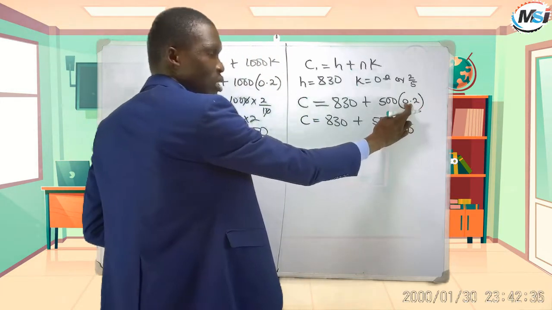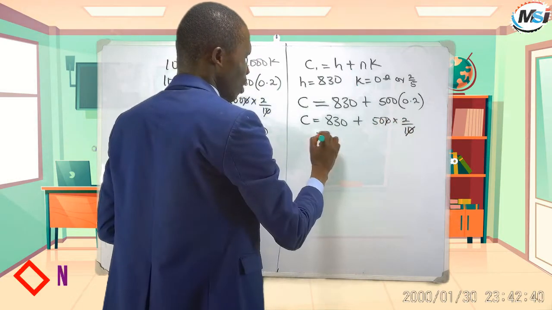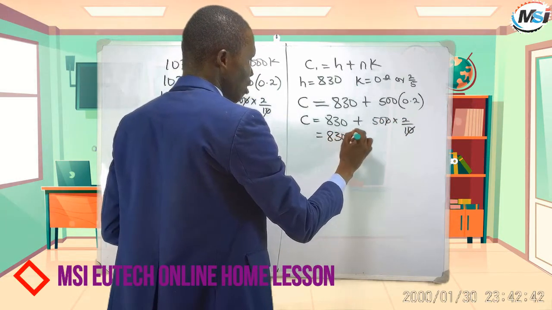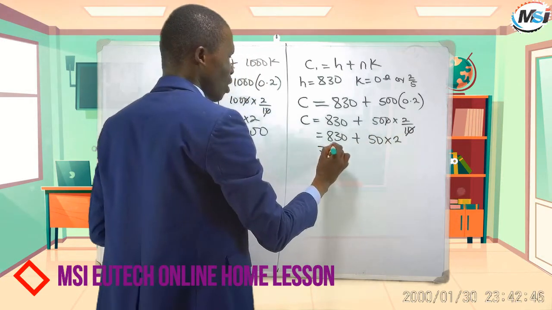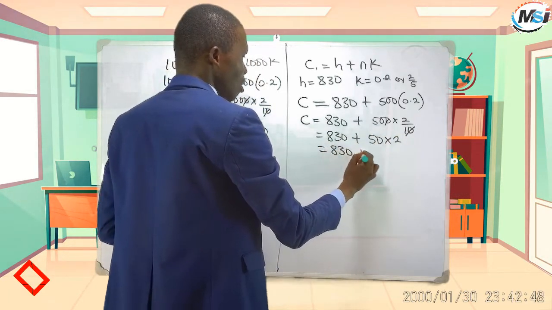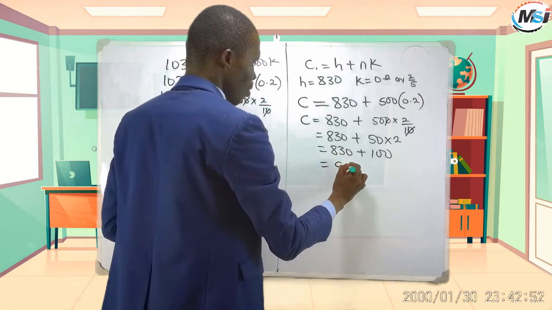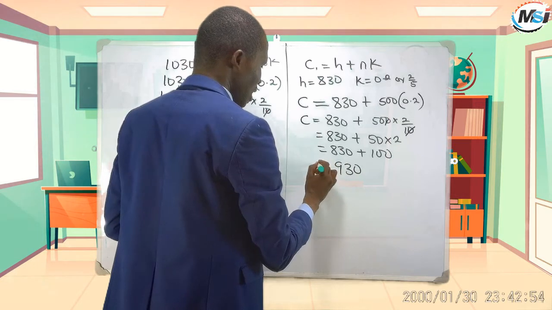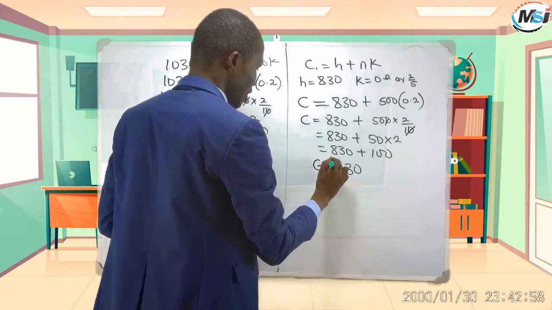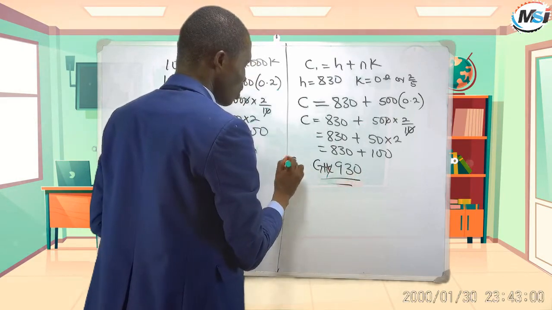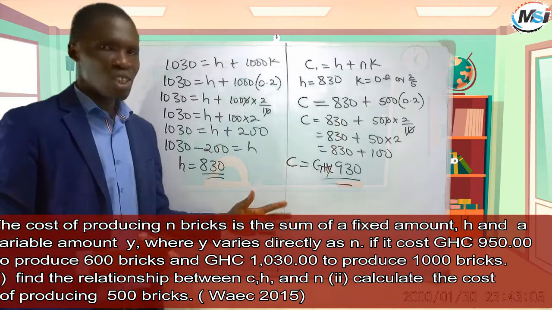I change this to fraction. This 0 cancels this 0. We are going to have 830 plus 50 times 2, which will give us 830 plus 100, which will give us 930 Ghana cedis. So this will be our cost, the cost of producing 500 bricks.